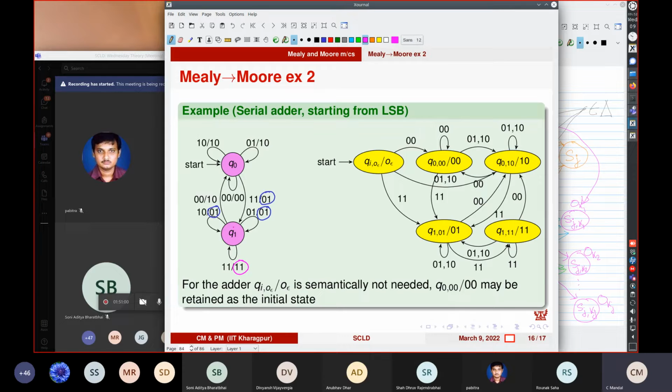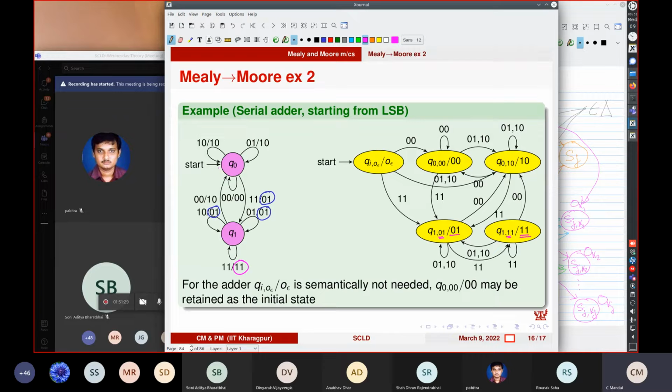One is 0, 1 and one is 1, 1. So I've got two copies of Q1, where the output is either 0, 1 or the output is 1, 1. So these are two copies of Q1.